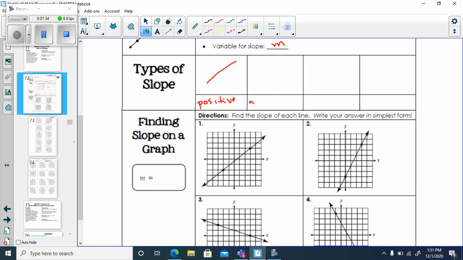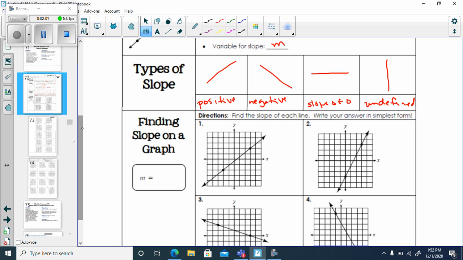You have a negative slope, which means the relationship is going down, decreasing. You have a slope of 0, and that would be a horizontal line, or you have an undefined slope, and that would be a vertical line.